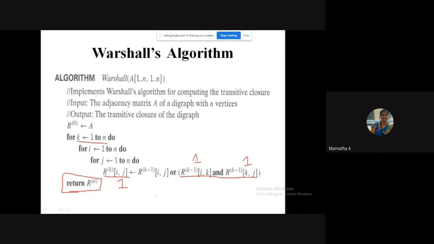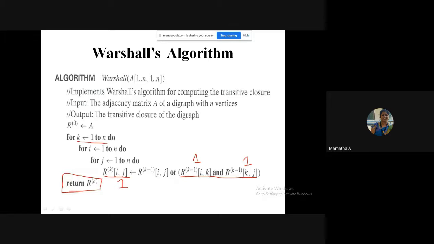Which statement is trying to compute the intermediate matrices? Ma'am, OR and. Yes, OR and.